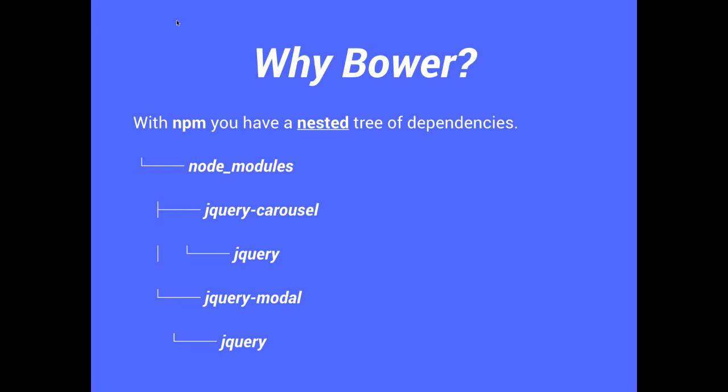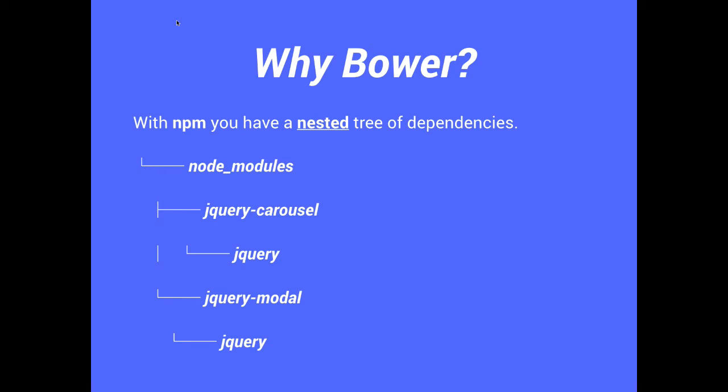So what npm does is put a nested tree of dependencies. You have the node_modules folder, and inside it you have both of the packages you're trying to get, jQuery carousel and jQuery model. Inside each of them, they put their particular version of jQuery. Here it's 2, and here it's 1.